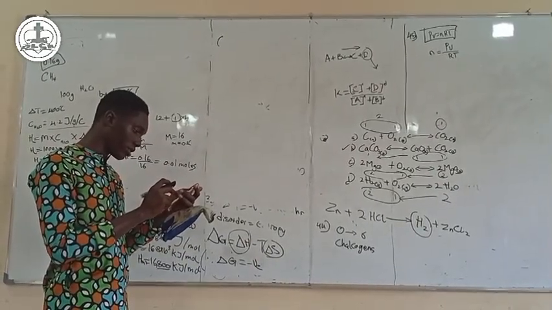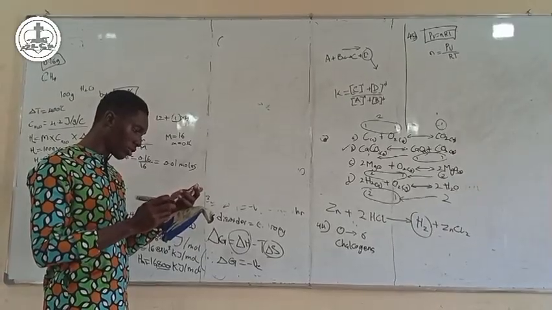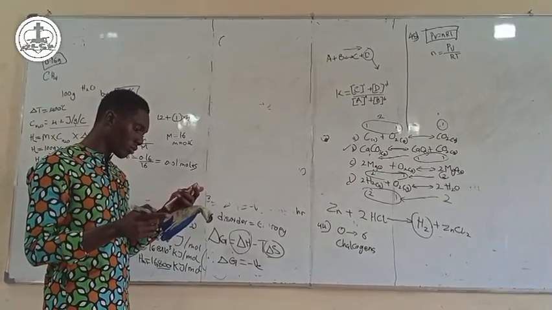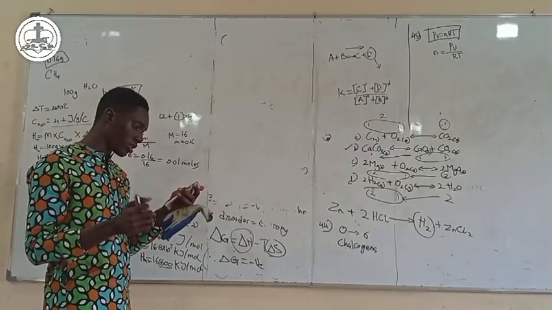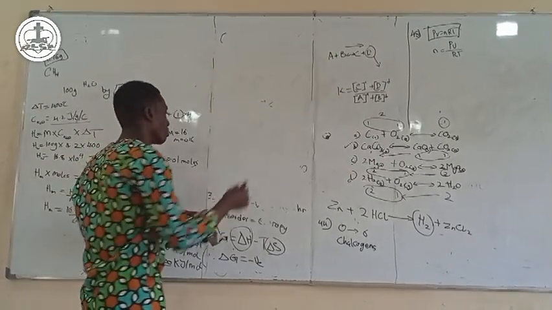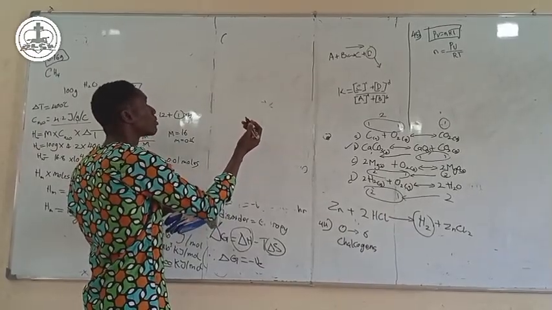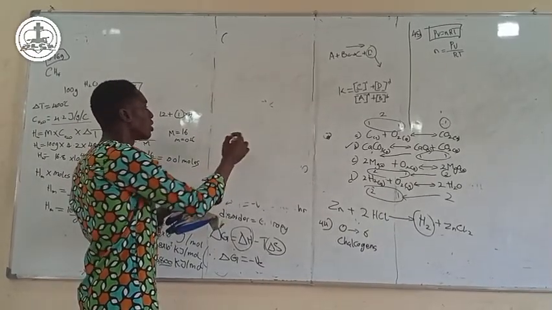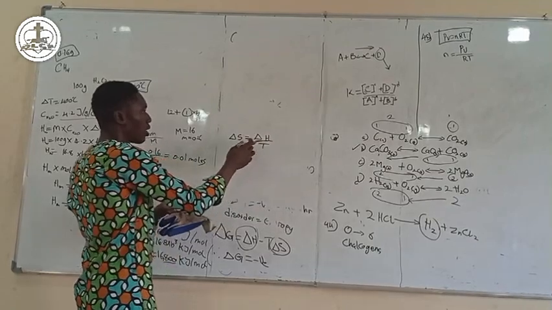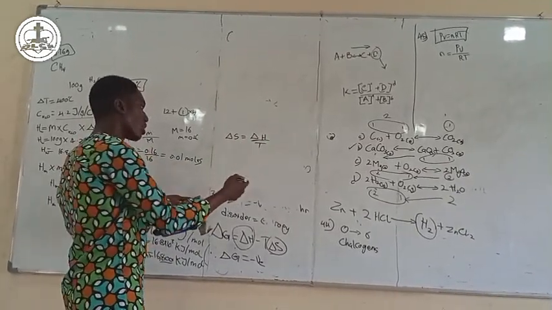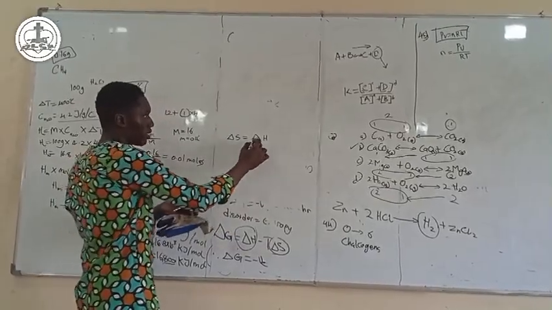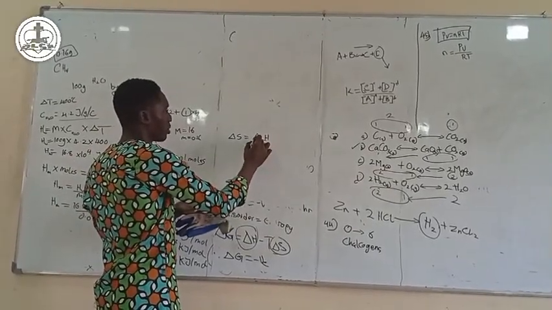The answer is, sorry, C, because for the dissolution of sodium metal the entropy change is positive. The change in entropy is driven by the change in enthalpy over the temperature.